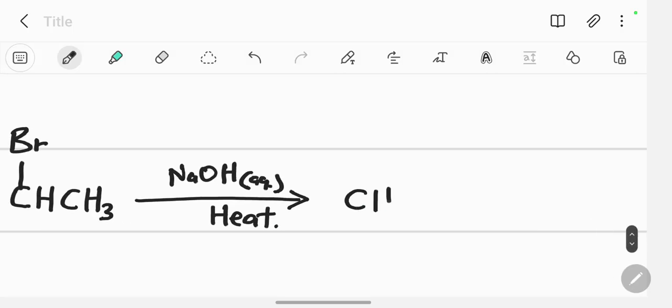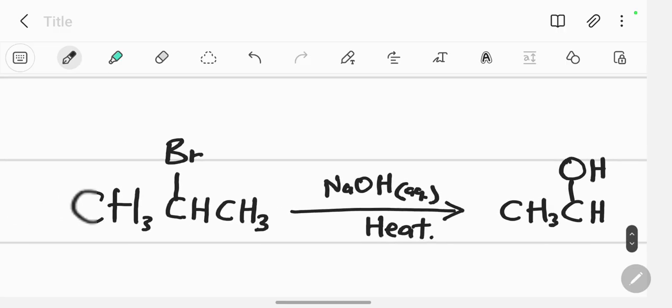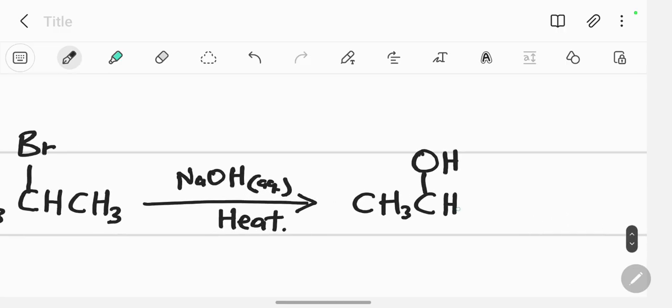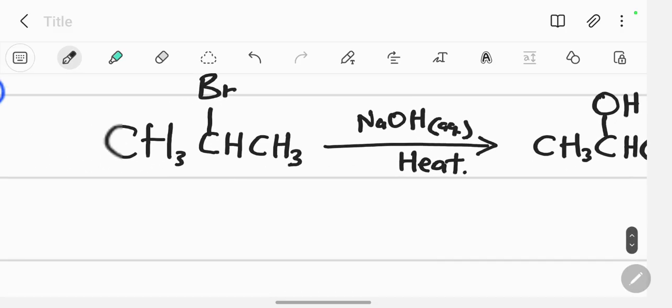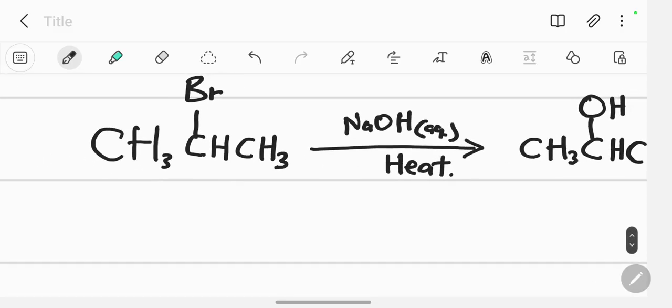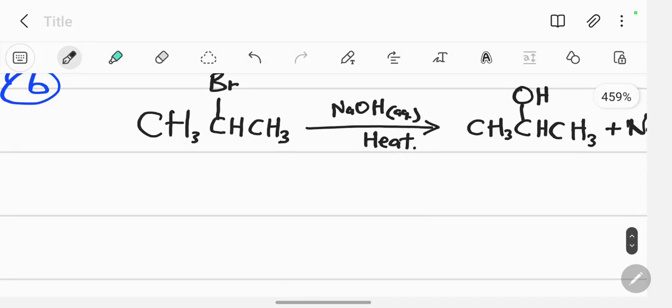We end up with CH3, CH, OH, CH3 plus sodium bromide there. So our mechanism is going to be, this is why this one is called a substitution unimolecular.